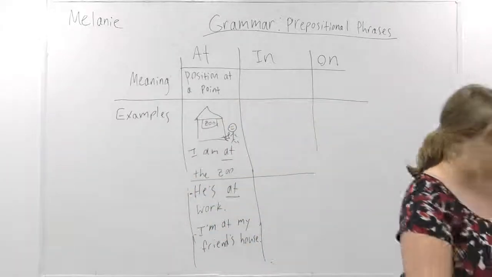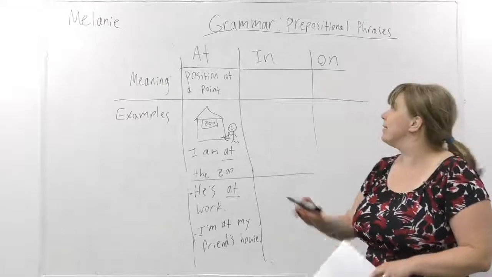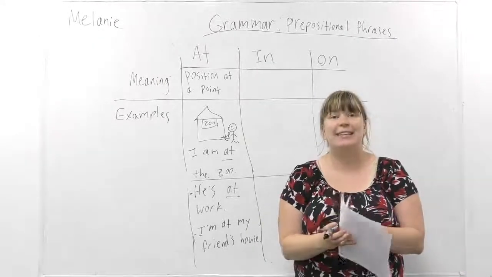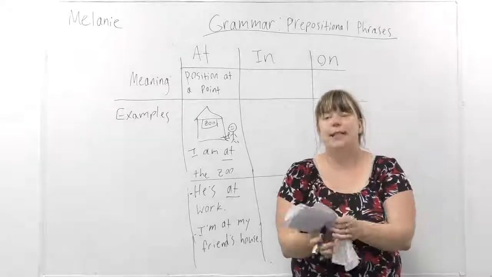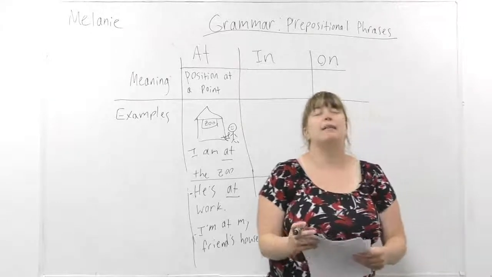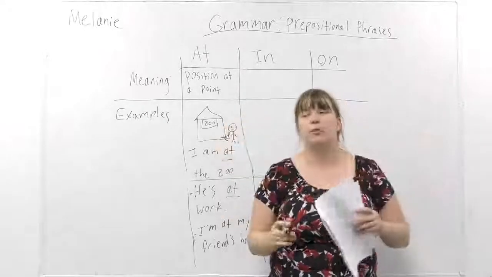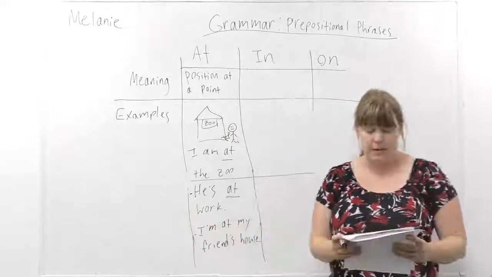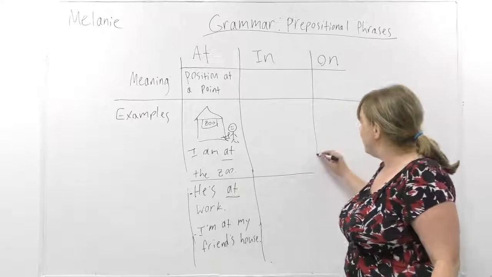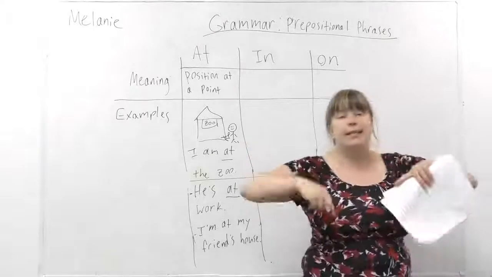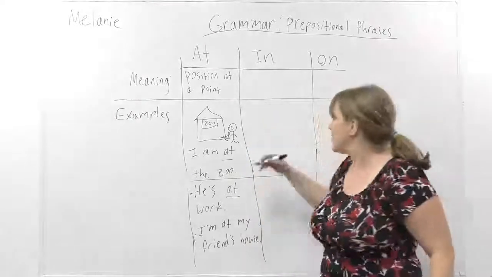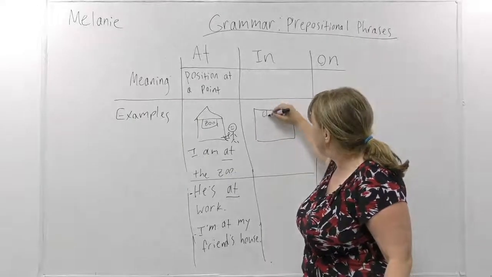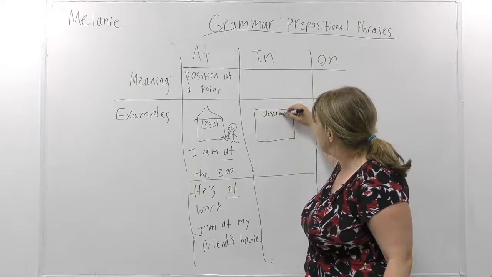Okay, so now in, what does in mean? So I gave you the example before, I'm in the classroom. Now, why didn't I say I'm at the classroom? The reason why I said I'm in the classroom and not at the classroom is because I'm inside an enclosed space.